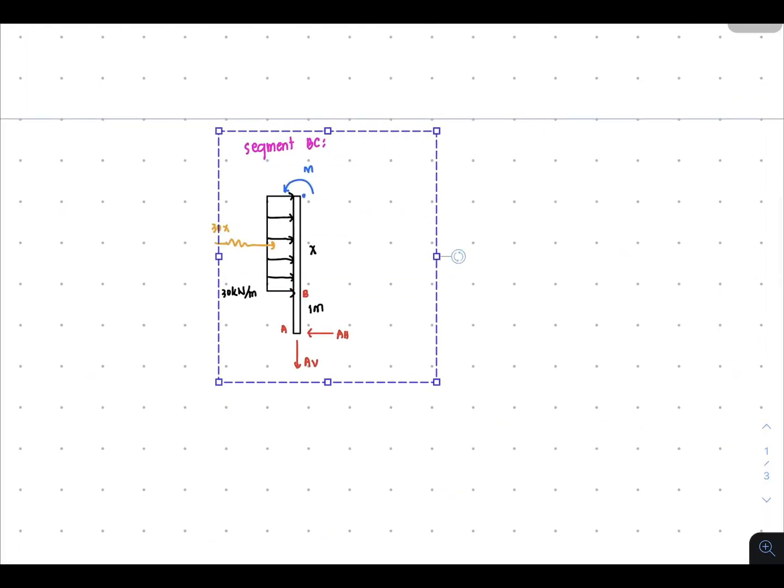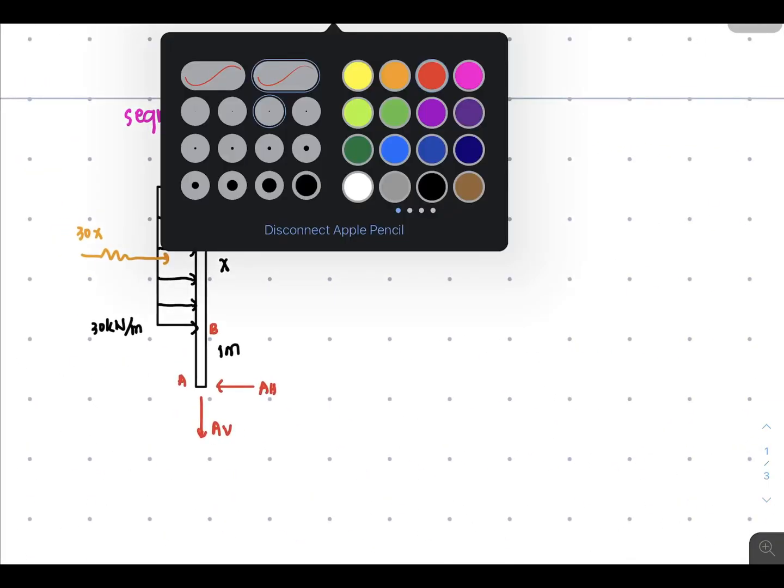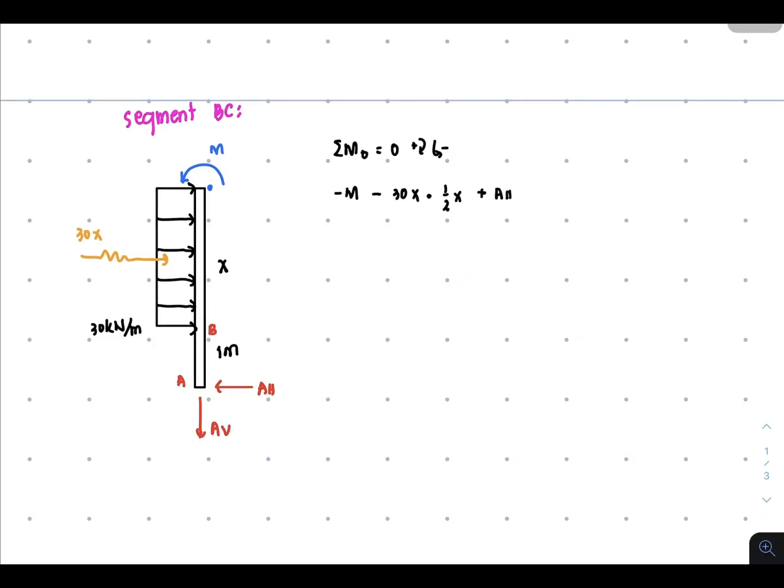Okay, let's now get the moment equation. Summation of moment at the point of cutting equal to 0. We have clockwise positive, counterclockwise negative M, minus 30x times 1/2 of x, and then plus AH times x plus 1 equal to 0.